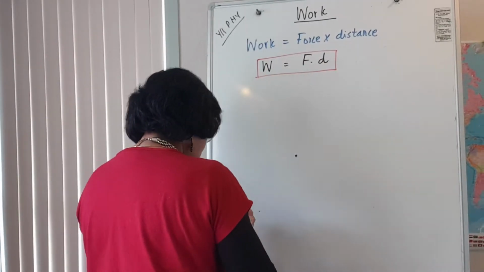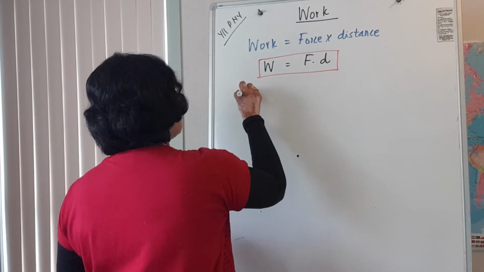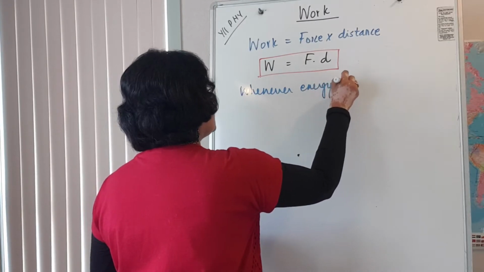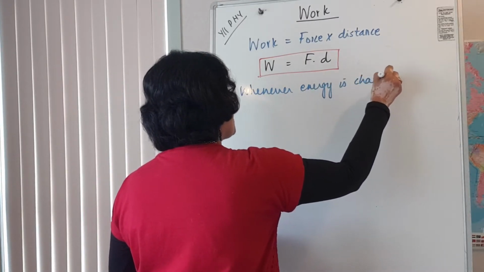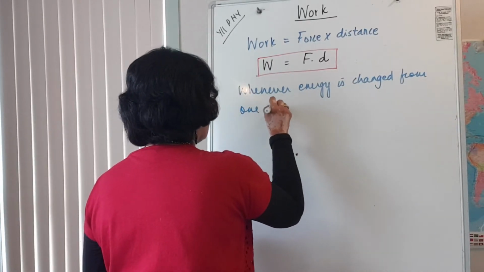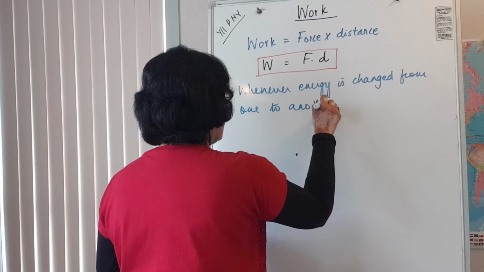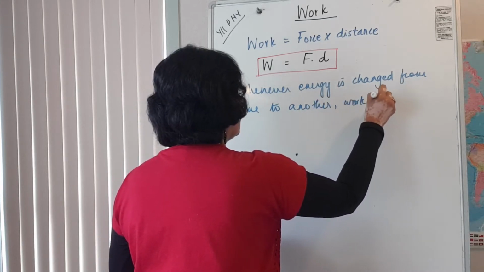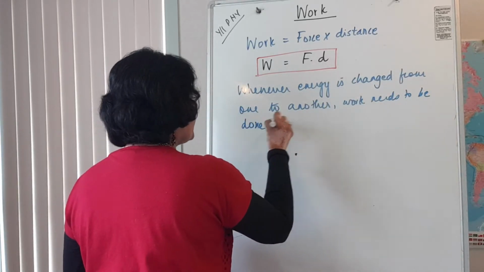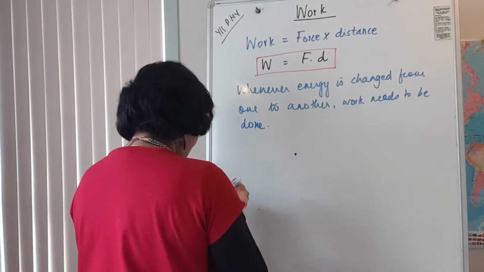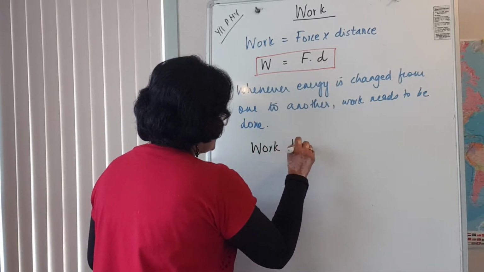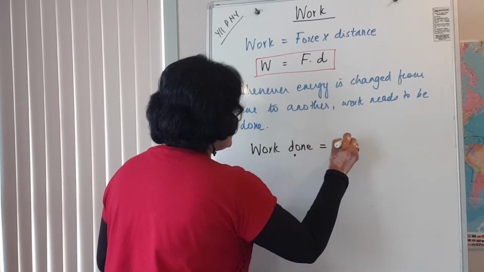Okay, and the connection between energy and work is that whenever energy is changed from one form to the other, work needs to be done. The thing to remember is that work done is the same as the energy change.